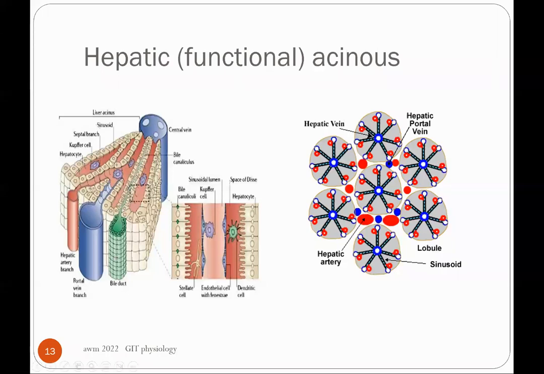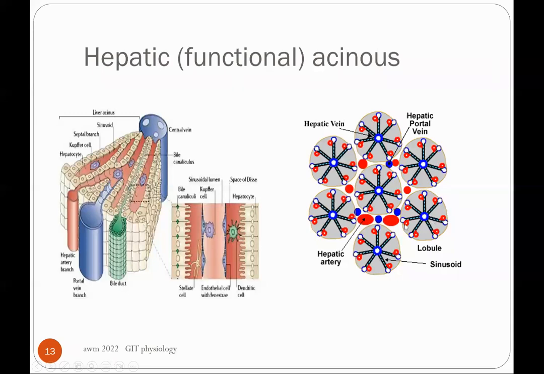So you've got this countercurrent flow of blood flowing from the periphery of the acinus to the center of the acinus, and the bile, as it is forming, traveling in the opposite direction. Now, if we look at this other picture here, this is a diagrammatic form, and it shows you the functional unit, which is known as the hepatic acinus. And you can see in the center of each acinus is a branch of the hepatic vein.